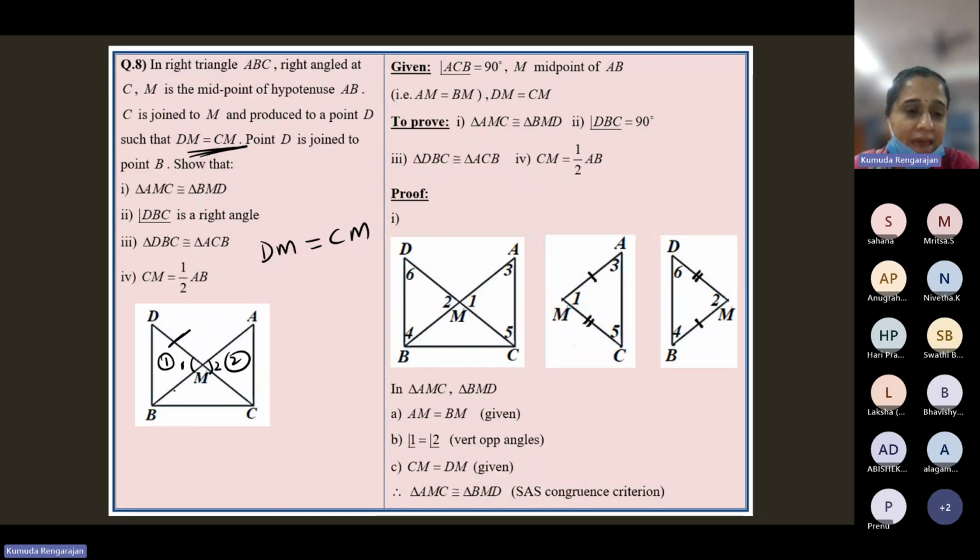Then BM of the first triangle is equal to AM of the second triangle. That's because it's given that M is the midpoint of AB, which means BM is equal to AM.